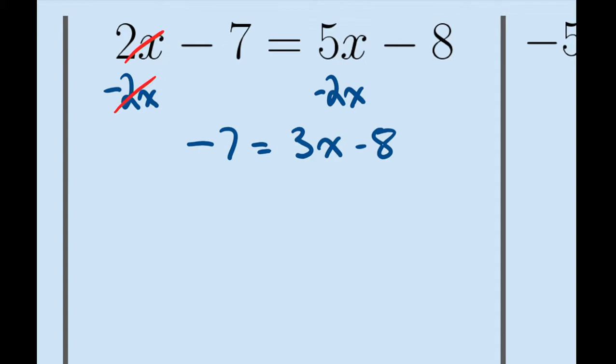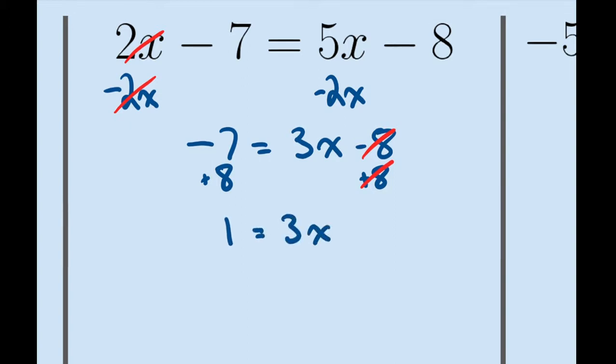Again, get rid of the constant. So get rid of this minus 8 by adding 8. Keep it balanced by doing the same thing to both sides. One side will cancel out. And I'm left with 1 equals 3x.